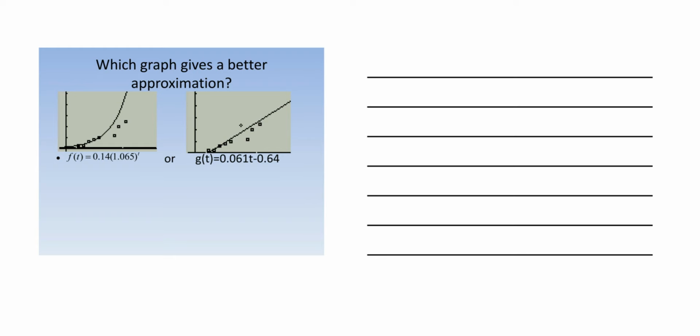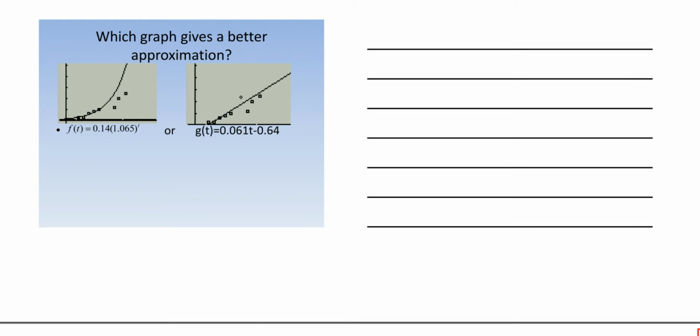Notice it's the same data, but based on your point of view, which one describes it better? Do be aware, there is no better or worse. In some cases, it becomes which one describes what you're trying to describe better, a linear equation or an exponential equation.